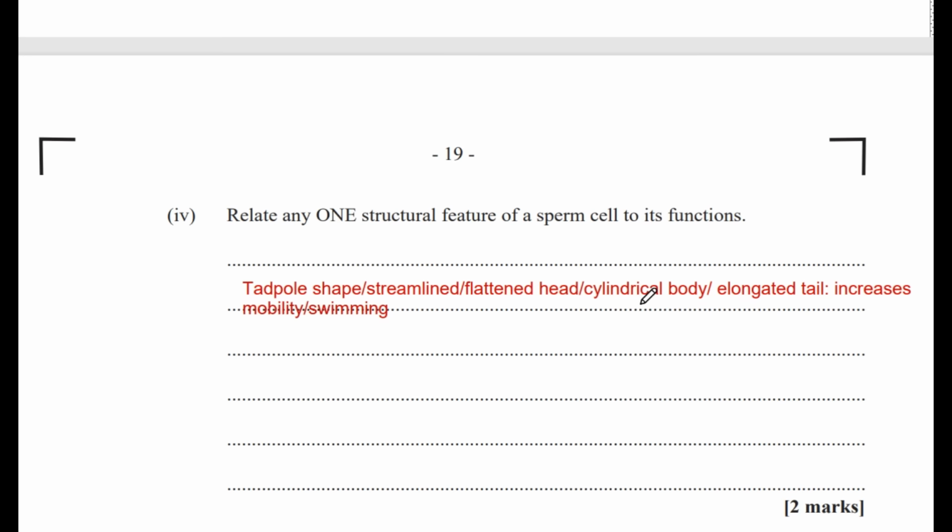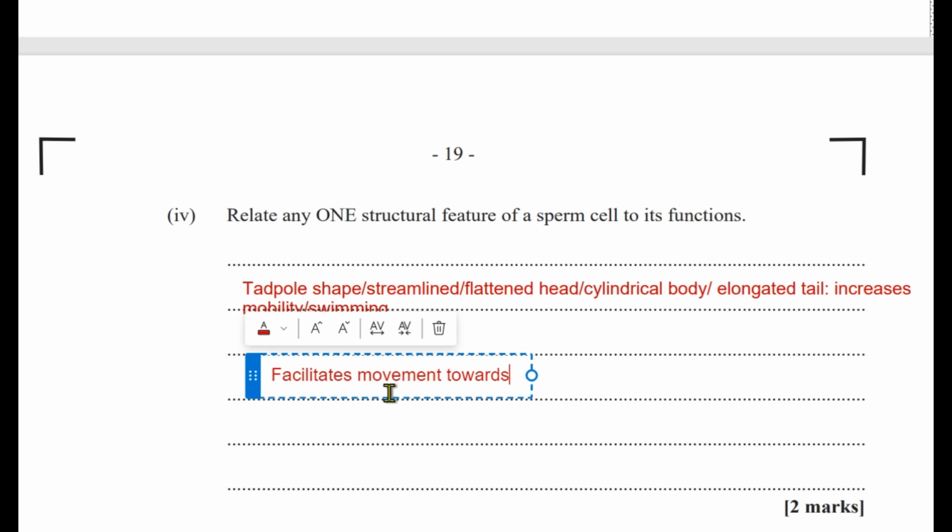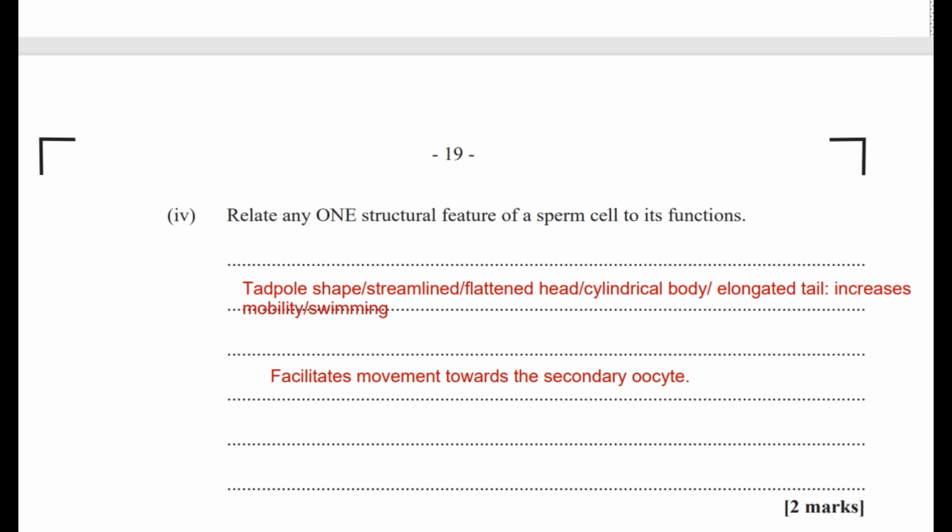So it can actually fertilize the egg. And I guess I should put out there, it facilitates movement towards the secondary oocyte. That's really all I could do, because we already said the things before, so I'm not really sure what they're asking for there, but that's my educated guess.